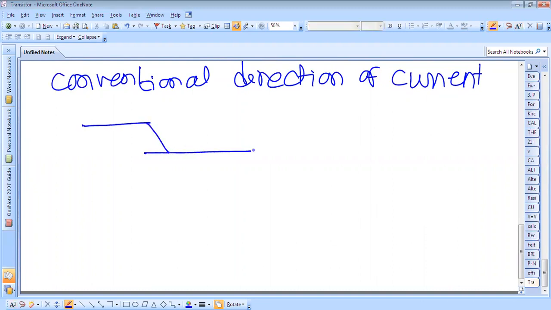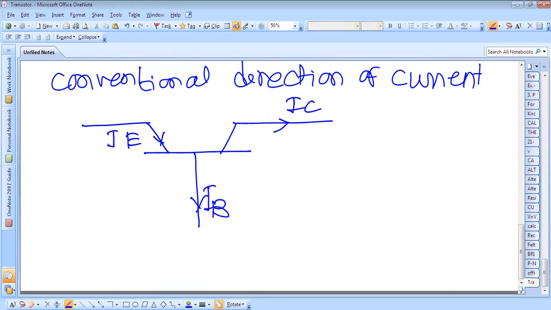Suppose it is a PNP transistor. So this is the emitter, this is the base, and this is the collector. This is the base current and this is the emitter current.